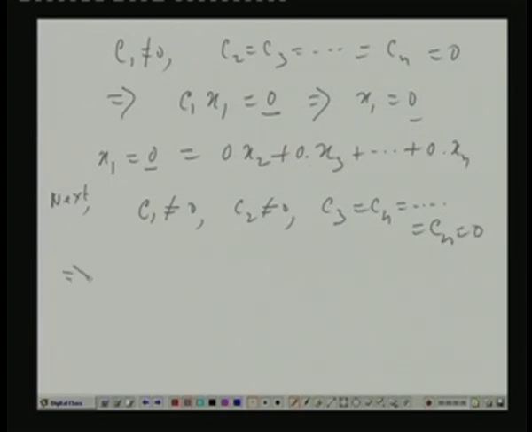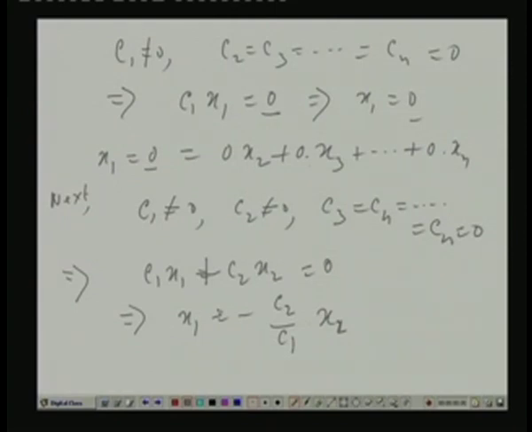This means C1 x1 plus C2 x2 equal to 0. So, it means x1 is nothing but minus C2 by C1 times x2. Which means x1 can be written as a linear combination of another random variable x2. It is also a linear combination, but having only one element x2 multiplied by some scalar number.